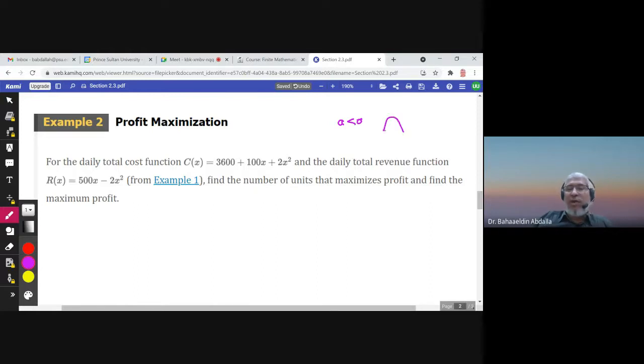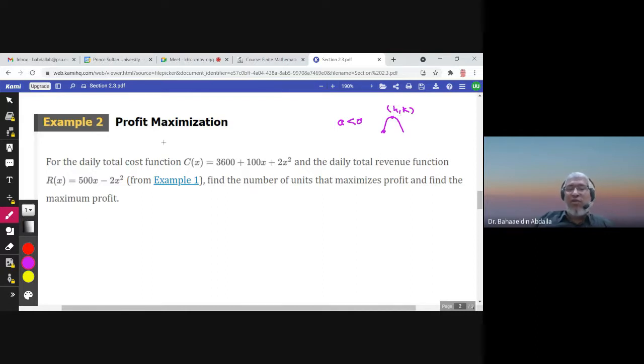And if the parabola opens downwards, then (h, k), the vertex, is the maximum point of the parabola. So if the profit is written as a quadratic function with a less than 0, the maximum profit would be k. And the number of units that maximize the profit would be h.